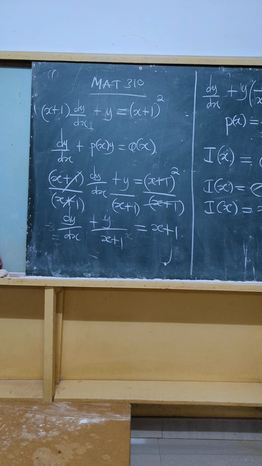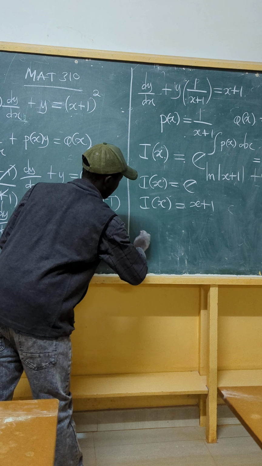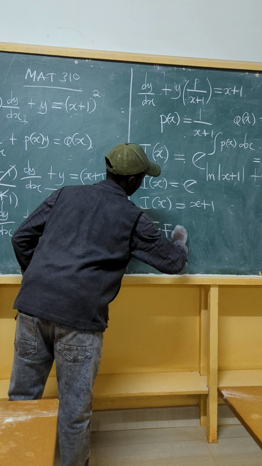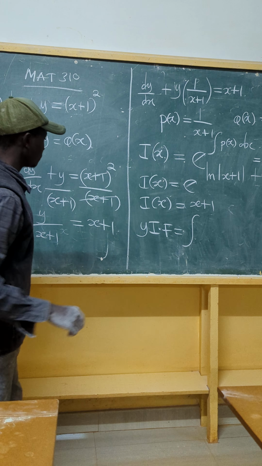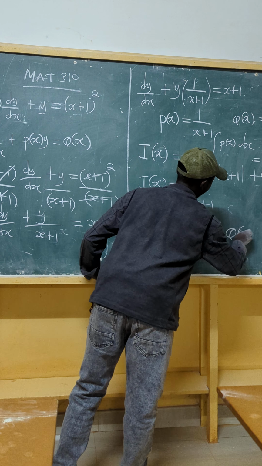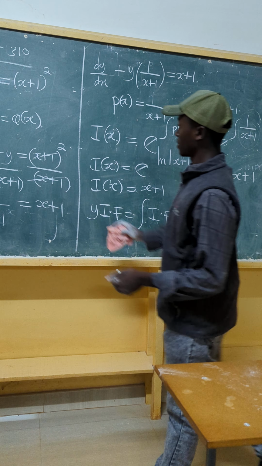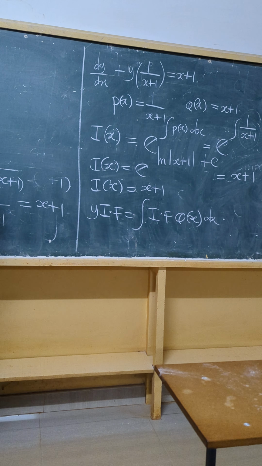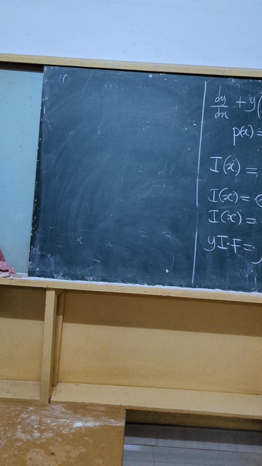Next, you need to multiply this integrating factor with the equation which you have made as your standard equation. This is written in this form where we say y multiplied by the integrating factor equals the integral of the integrating factor times q of x. So what is the integrating factor?